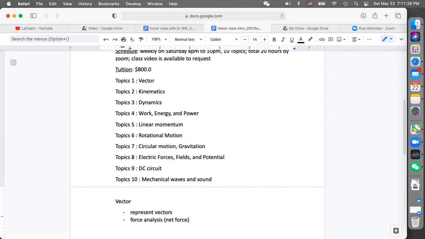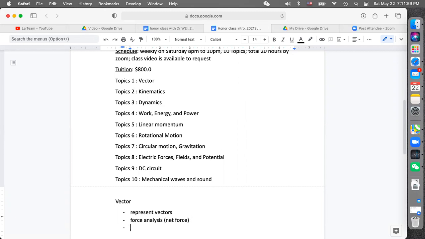How are you going to deal with that? Because they are vectors. So topic 1 is to learn how to represent vectors and how to add two vectors together, either in a geometric way, parallelogram, or in an algebraic way. So those are kind of bridging. We need to understand why, then you can appreciate how we're going to do that. So that's pretty much about vectors.